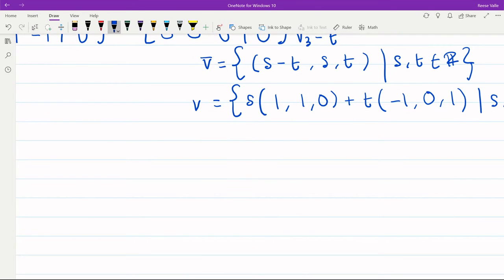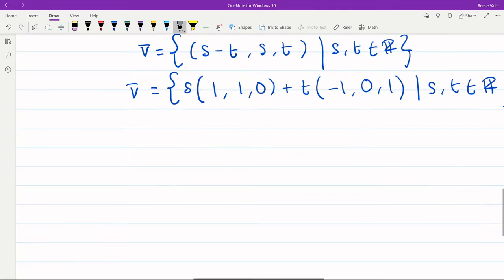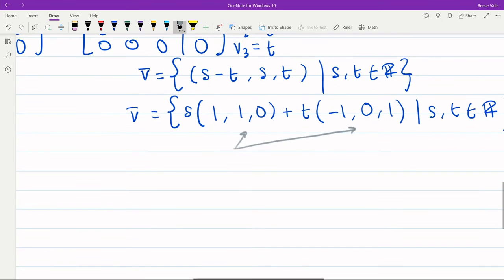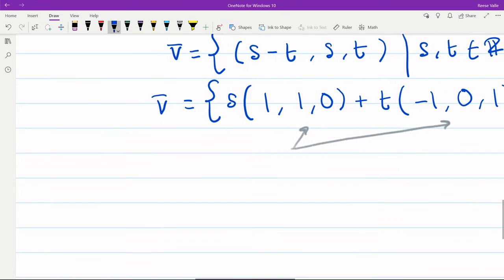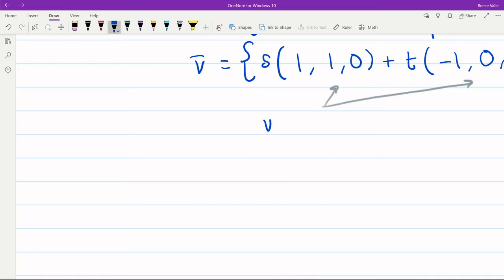Since this v vector is a linear combination, you could just split it up into two. So we're going to call the vector v2, and make that 1, 1, 0.